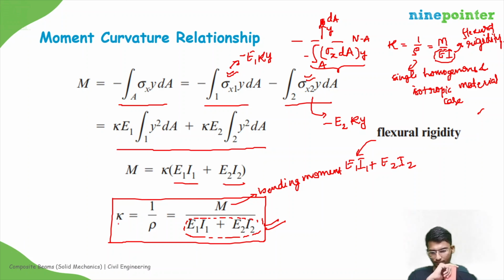Okay. So this is the moment curvature relationship for the composite beam. See, for a homogeneous single material beam we got M by EI. For this, M by E1 I1 plus E2 I2. Okay, it makes sense. So this E1 I1 plus E2 I2 is the flexural rigidity of the composite beam.